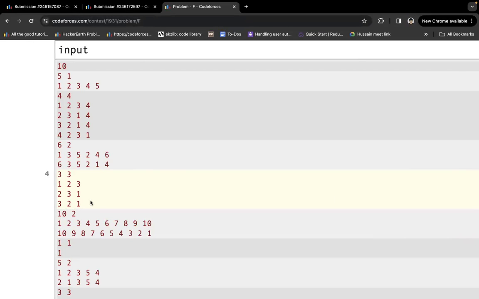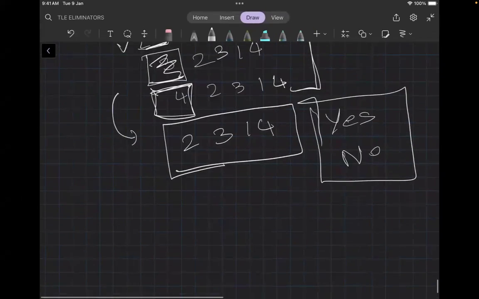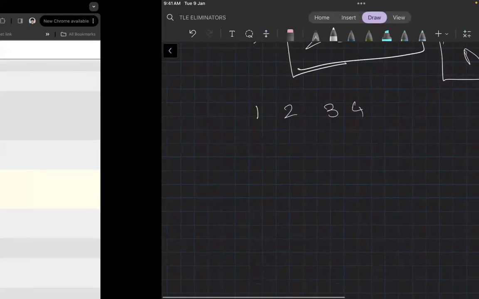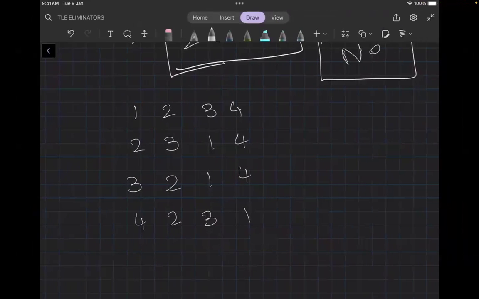Yes. Now the beautiful part of this problem. Okay, let me write this down. 1 2 3 4, 2 3 1 4, 3 2 1 4, 4 2 3 1. Okay, if these are my arrays, ignore this. What do we know?